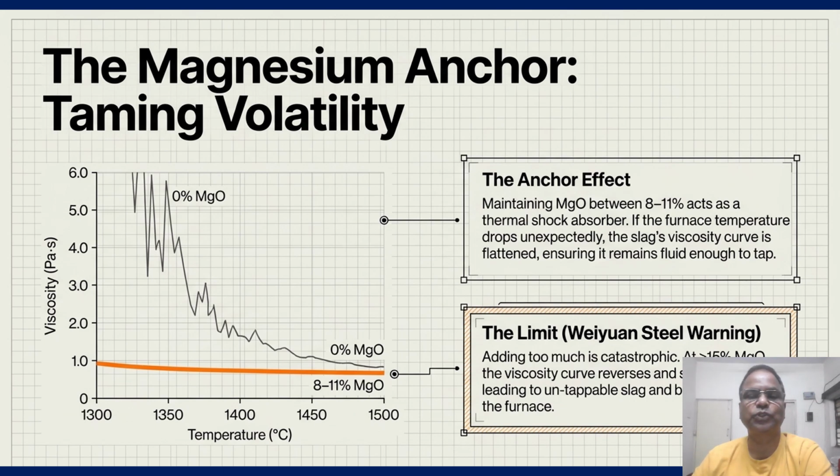So we need to be very aware of that maximum optimal point. We should not cross over that, otherwise we have bad consequences, especially in terms of viscosity of slag and drainage of slag.